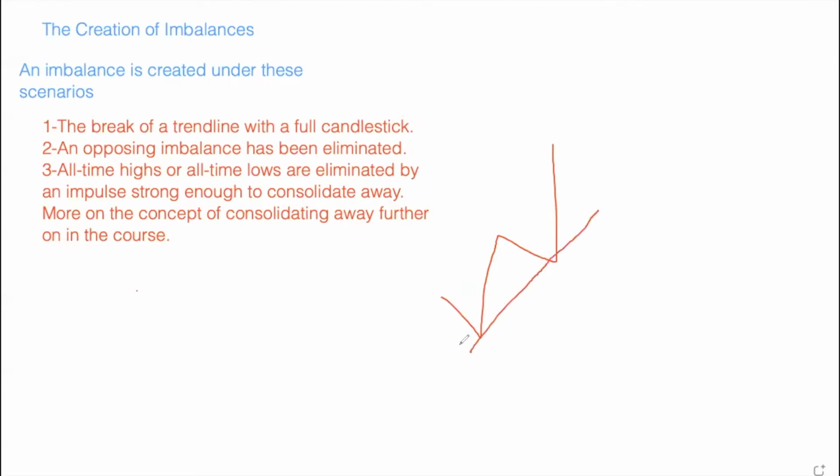This is a bullish trend line, and as this pair continues going up, there will be a time where this pair will cross the trend line. All right, so this is a trend line, and these are V's or valleys.